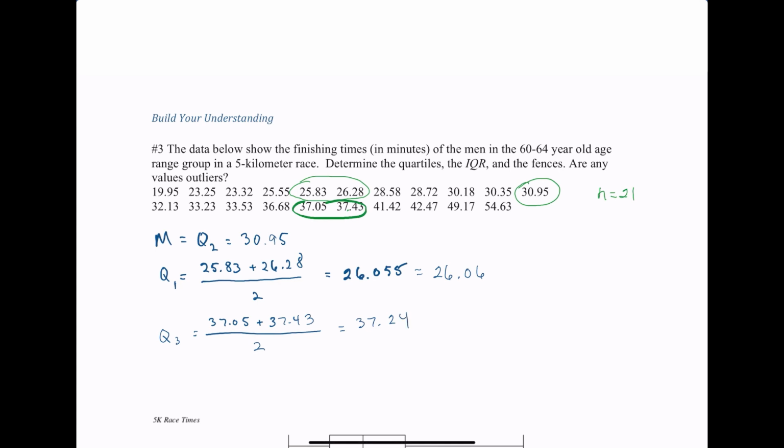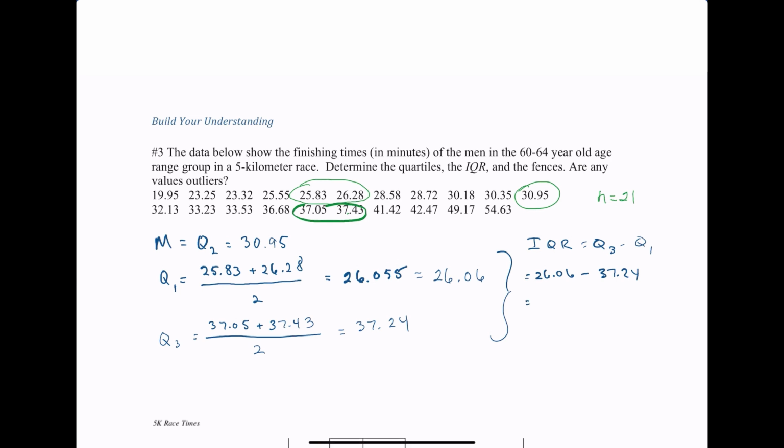So our interquartile range, which is always Q3 minus Q1, will be 37.24 minus 26.06, or 11.18.